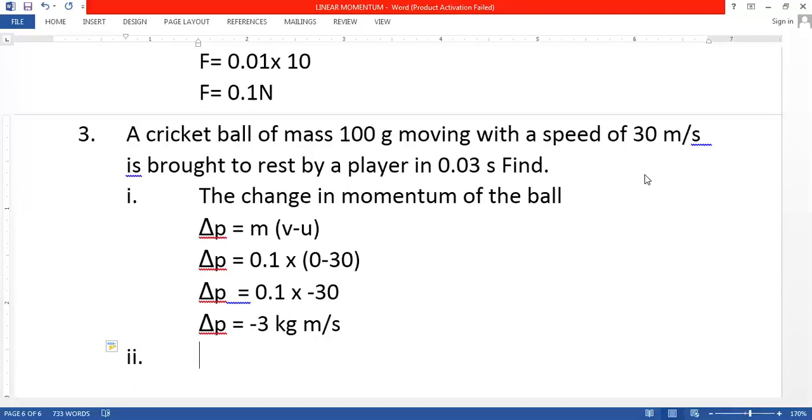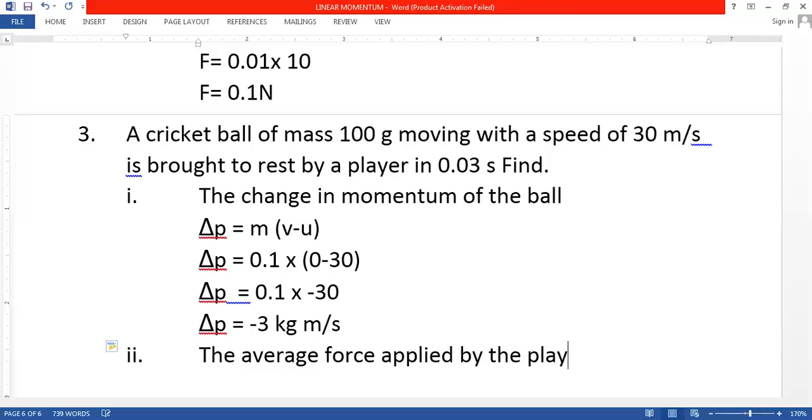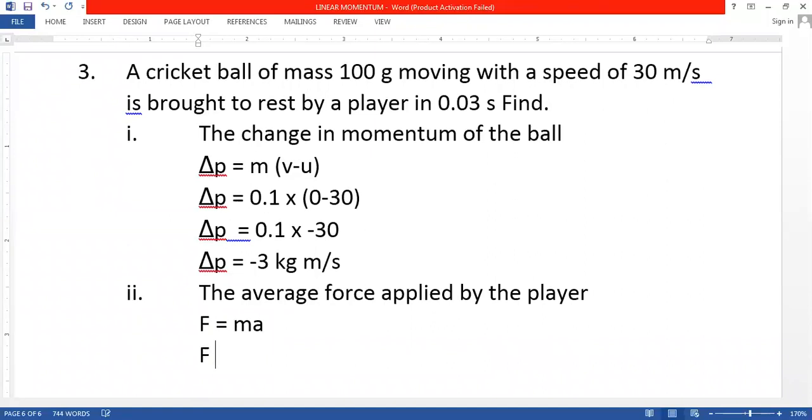And now the second question. The average force. The average force applied by the player means the force applied by the player. Which formula should we use? Mass into acceleration. F is equal to ma. Okay, so F is equal to how much is the mass? 0.1 kg. Acceleration means v minus u by t.